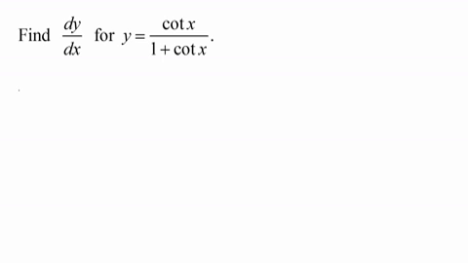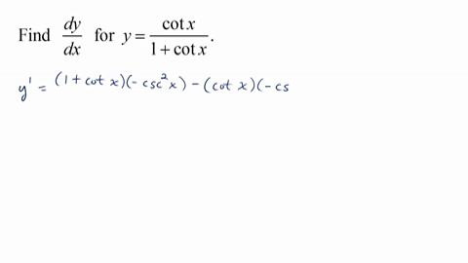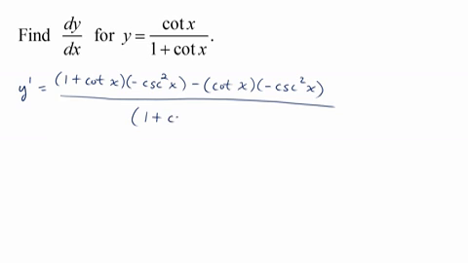So using the quotient rule, y prime would equal denominator 1 plus cotangent x times derivative of the numerator, which we now know is negative cosecant squared x, minus numerator cotangent x times derivative of the denominator, derivative of 1 is 0, and derivative of cotangent x is negative cosecant squared x, all over the denominator squared, or quantity 1 plus cotangent x squared.